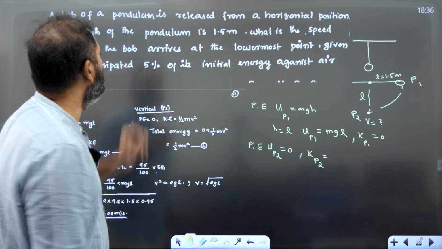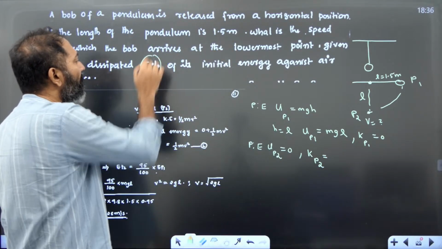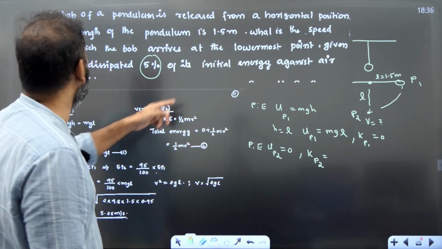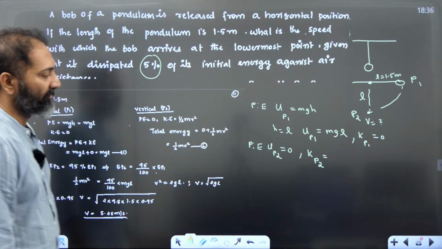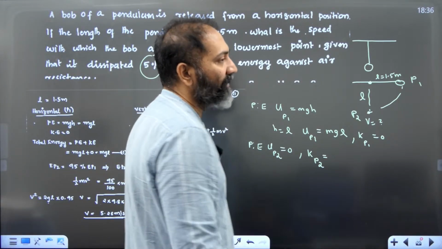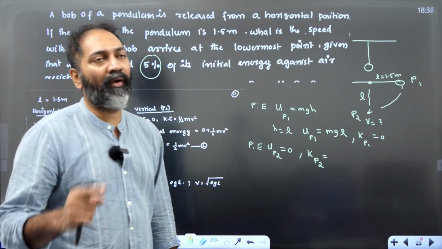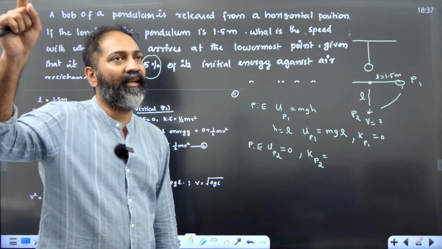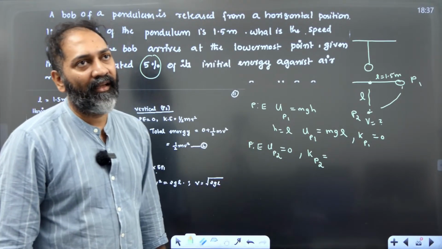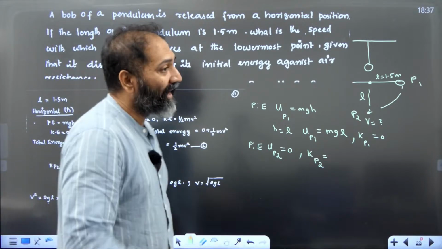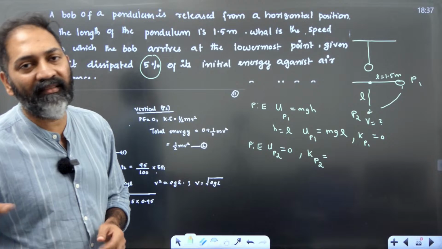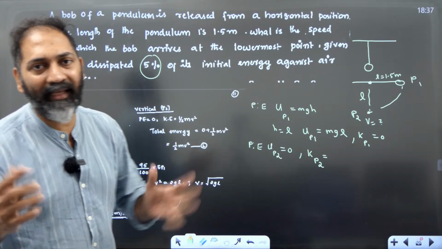Here, there is an interesting fact. 5% of its initial energy only is lost against air resistance. So, what is kinetic energy at point P2? Generally, potential energy at the horizontal position will be converted to kinetic energy at the mean position. But we cannot simply equate them because 5% energy is lost to overcome the air resistance.